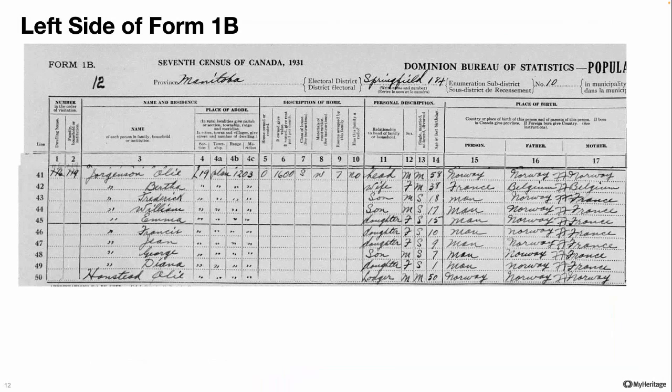We get the name of the individual for every person that's enumerated. Sometimes the enumerator will use a ditto or copy down indicator, as he or she did here, indicating that all the people 41 through 49 have the surname Jorgensen.